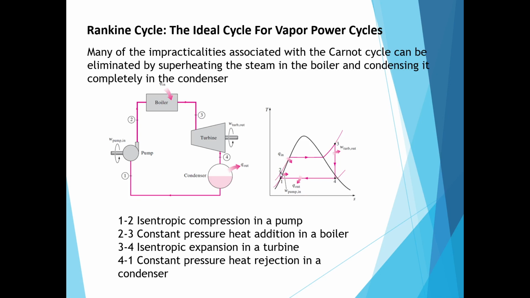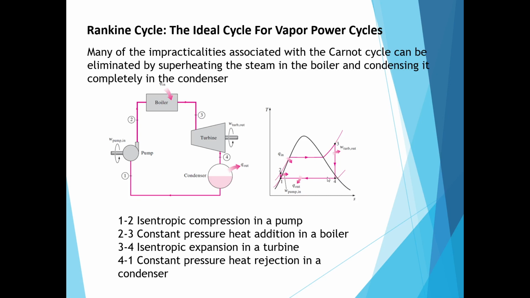Number 1 to 2 is the isentropic compression in the pump, and 2 to 3 is the constant pressure heat addition in the boiler, then 3 to 4 is isentropic expansion in the turbine, where the work is generated, and then 4 to 1 is constant pressure heat rejection in the condenser, right.